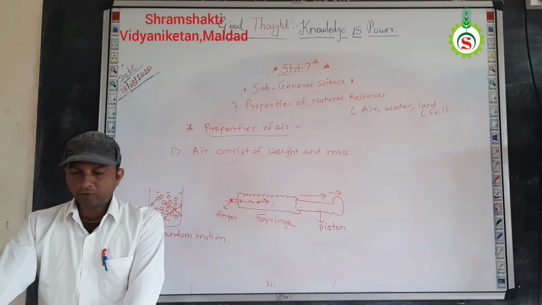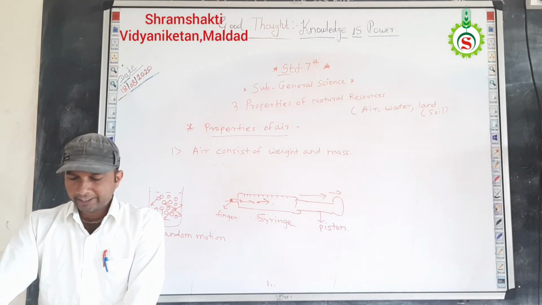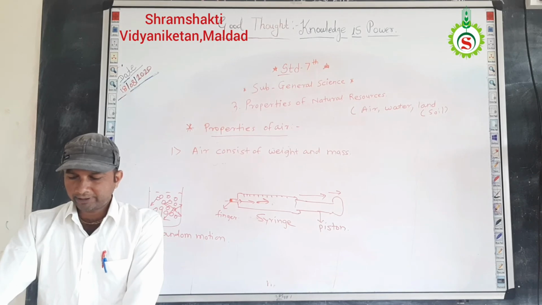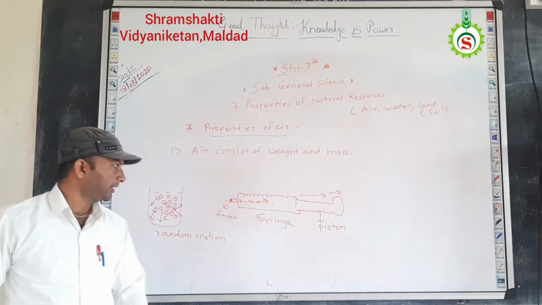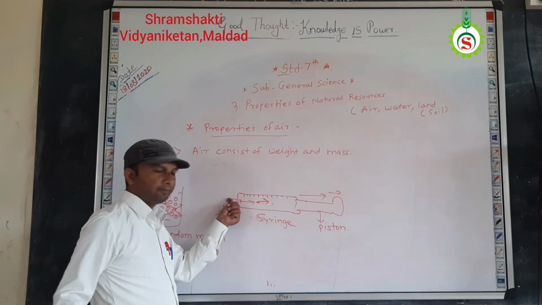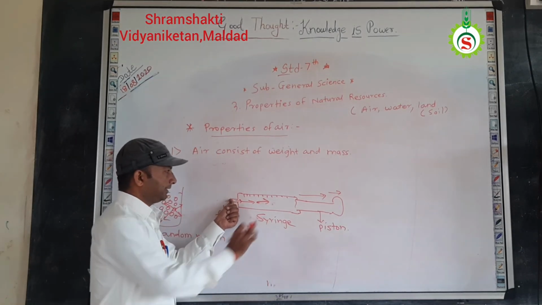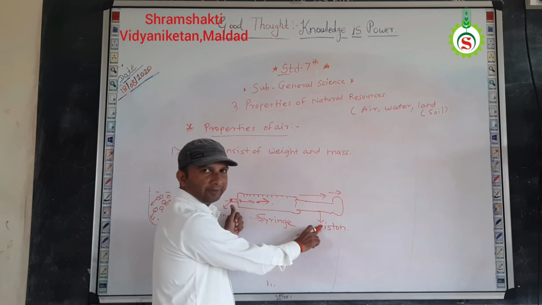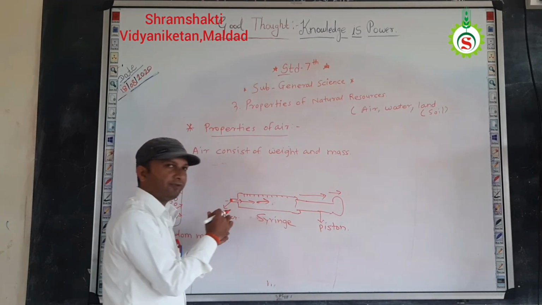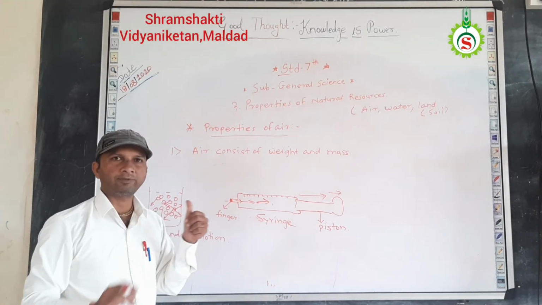When these molecules strike a body, that creates pressure on the body. This pressure of air we call atmospheric pressure. When we keep the thumb over the mouth of the syringe and pull the piston, we feel the pressure on the surface of the thumb.